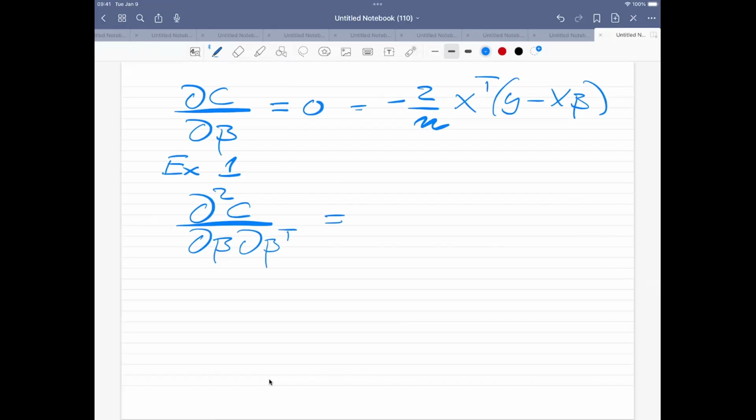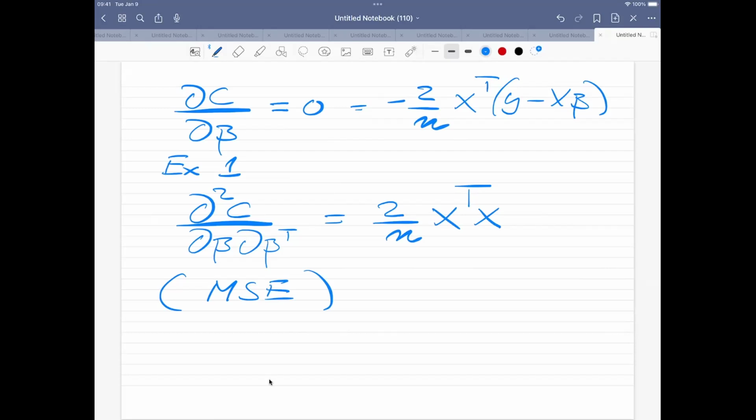This is actually given by 2 over n and X transpose times X. This applies to the mean squared error. If you have another function you're optimizing, you will not get this, okay?